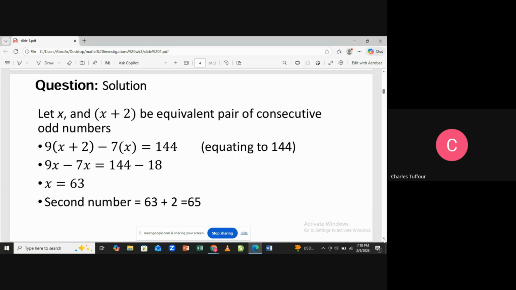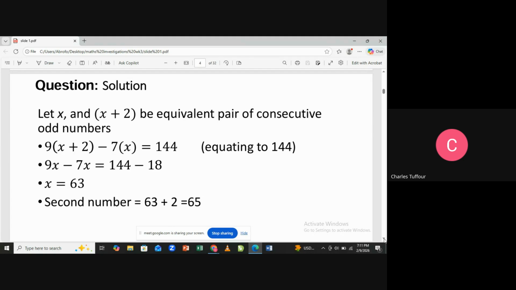7 times the smaller number subtracted from 9 times the bigger number is 144. So you all believe that x is the smaller number and x plus 2 will be the bigger number. So I will multiply 7 by x, that is 7x, and I subtract from 9 times the bigger number, that's 9 times x plus 2.